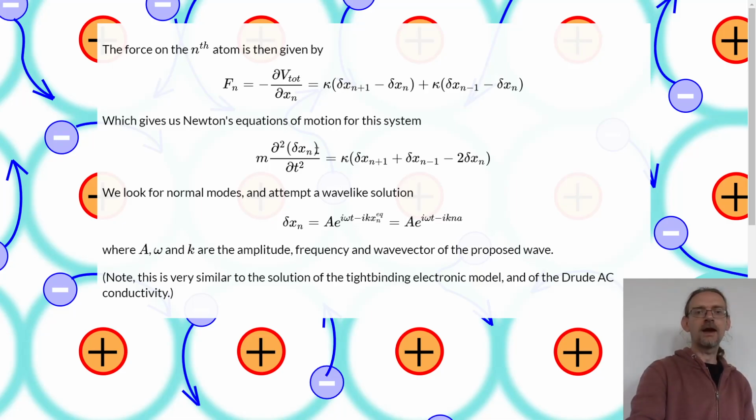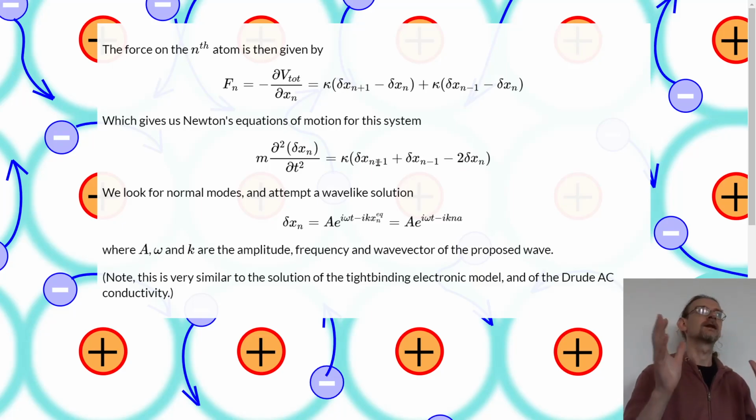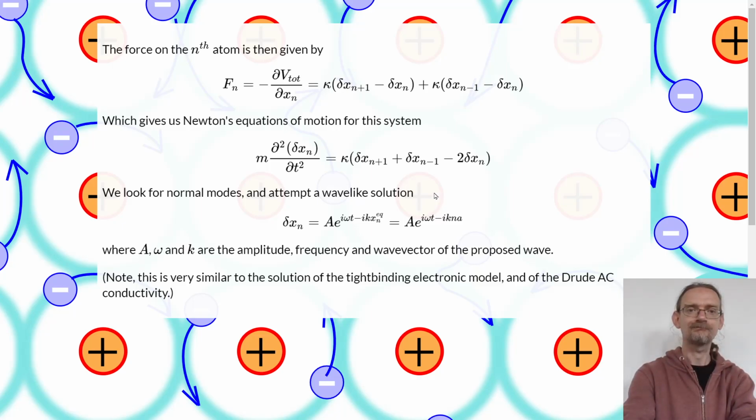So once I set this up, I get n equations: ma equals this force on the atom, which is dependent on the position of the atom itself and its two neighbours either side. That defines these extensions of the springs.